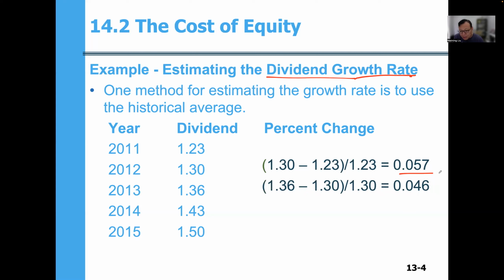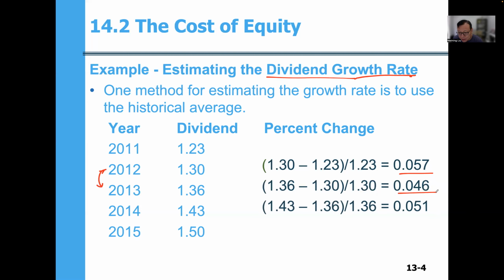So we use a similar approach. Now take a look at the year 2013. The dividend is 1.36 minus the one last year, 1.3, divided by 1.3. So in the year 2013, the dividend growth rate is 4.6%.